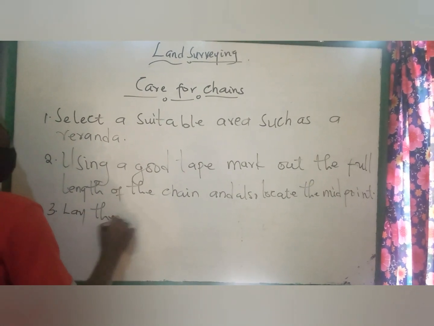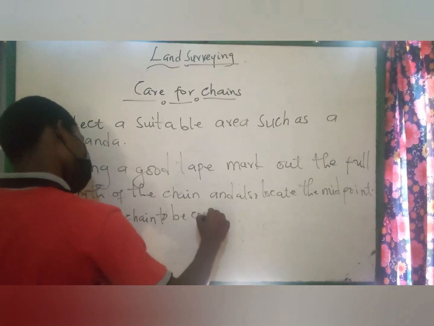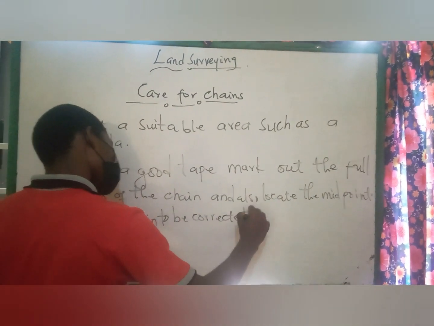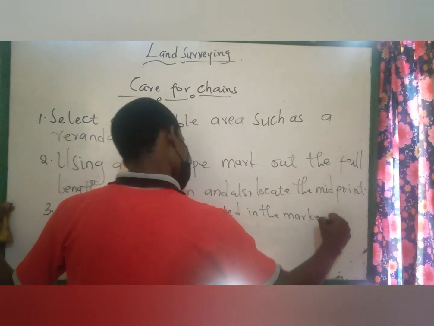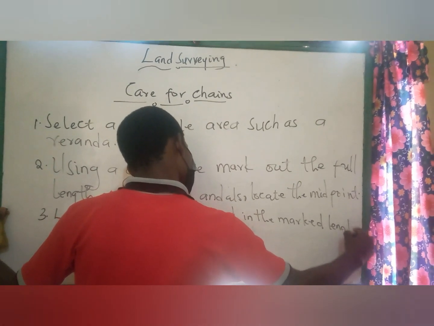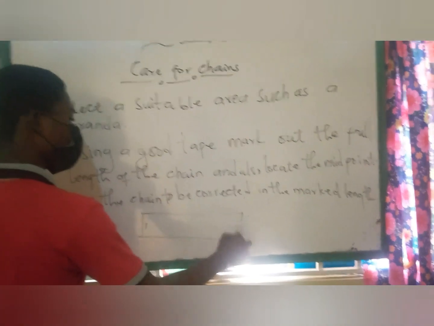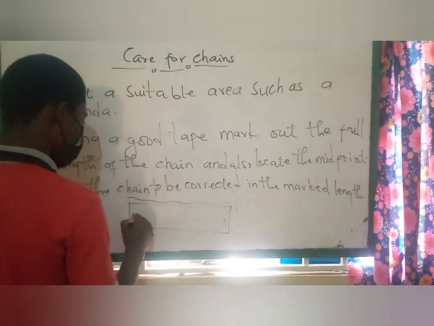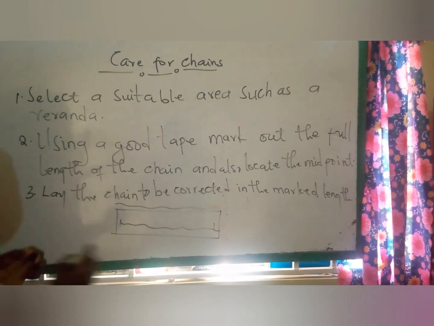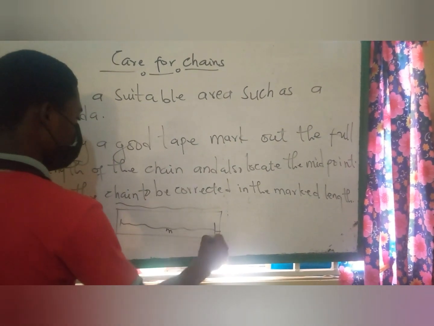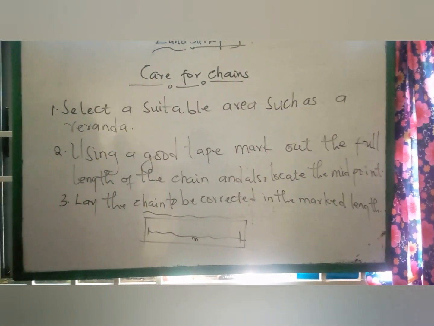Lay the chain to be corrected in the marked length. Now our 40 chain we kept here. So let's take this one for instance, exceeds the mark out. So let's say this is the midpoint. So we now lay the chain between them.